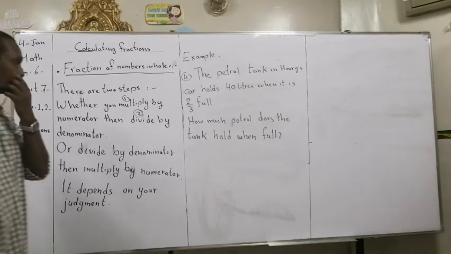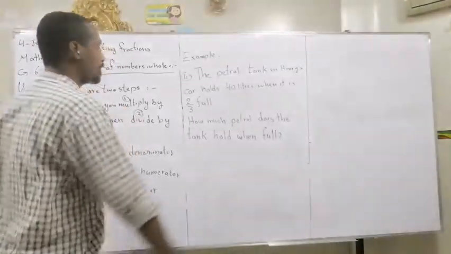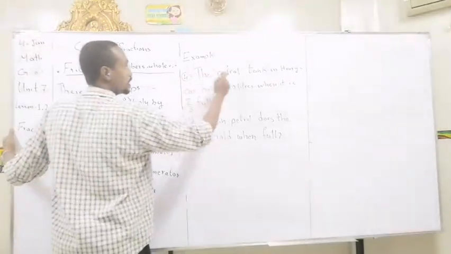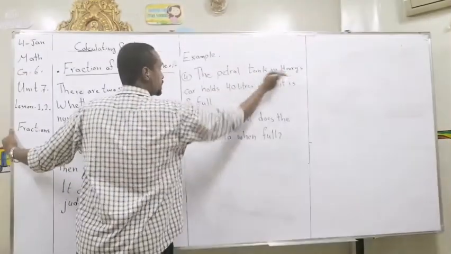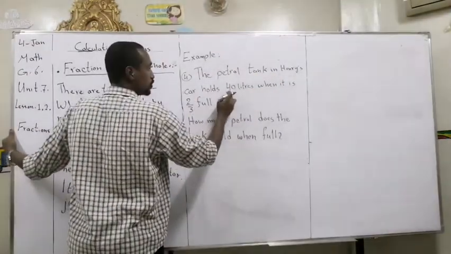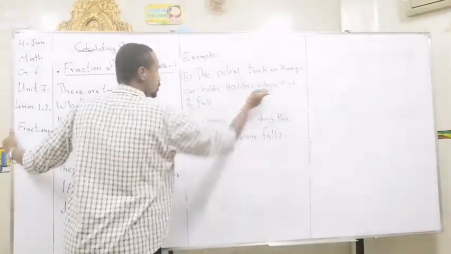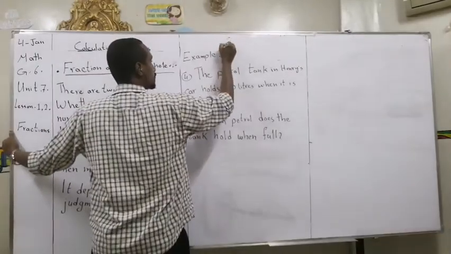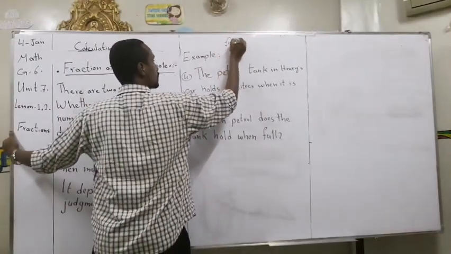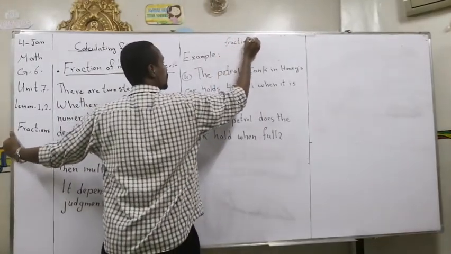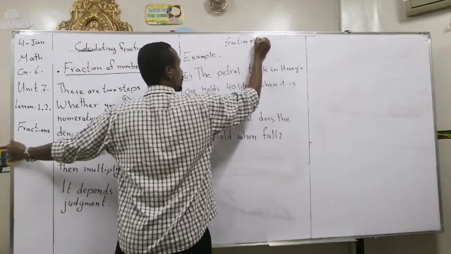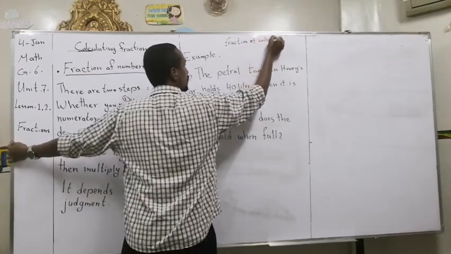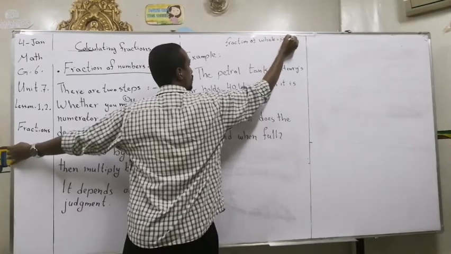The fourth example of today and the last one. Here we have example petrol. The petrol tank in this car holds 40 liters when it's 2 over 3 full. And as I remember, always fraction of whole equals what? Equals part.